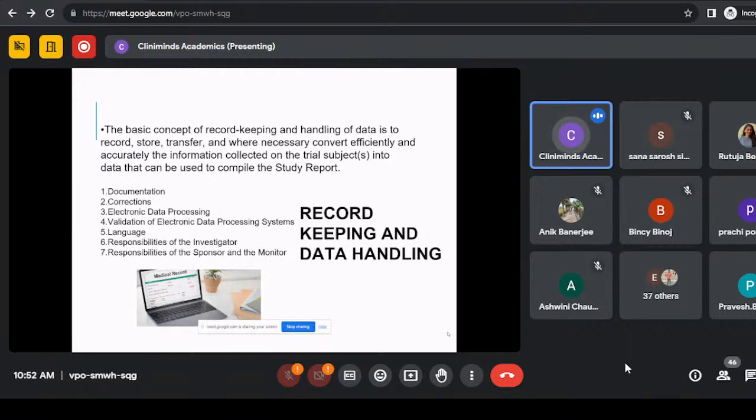It should also contain information about what activities are done, when the activities are performed, and the person who is responsible for doing the activities. This information should be documented.